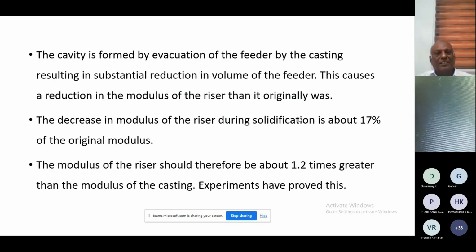This causes a reduction in the modulus of the riser from what it originally was. The decrease in modulus of the riser during solidification, experiments have proved this.